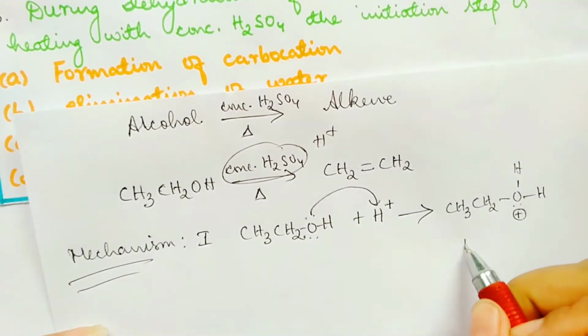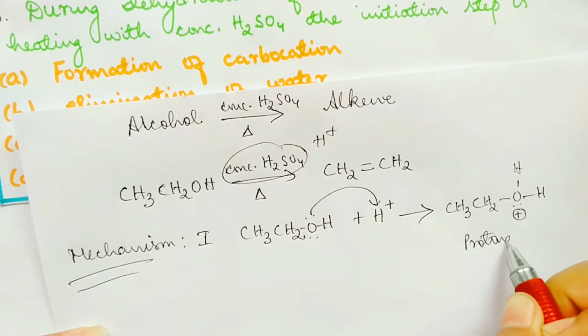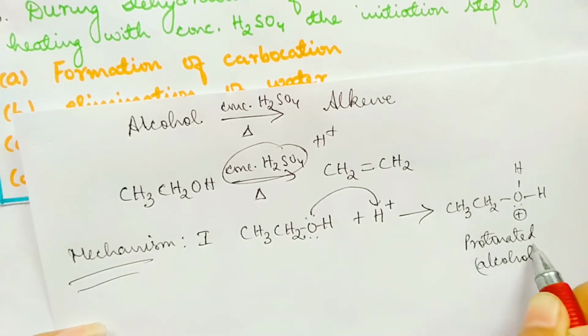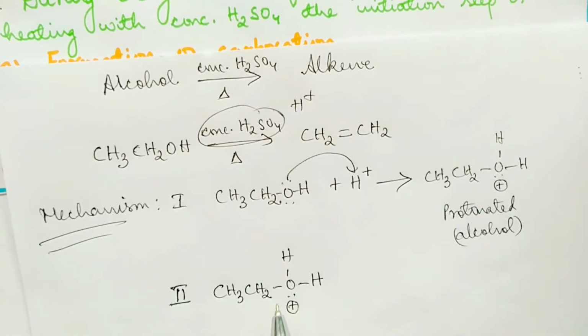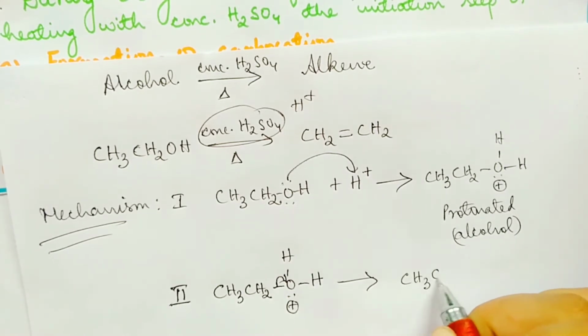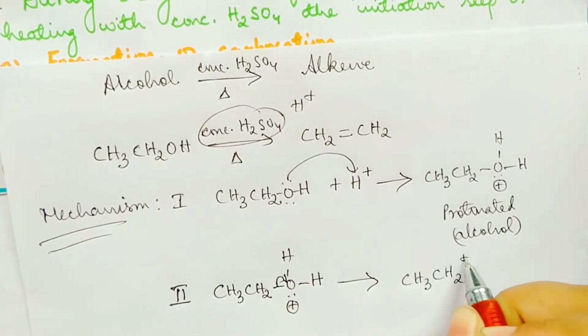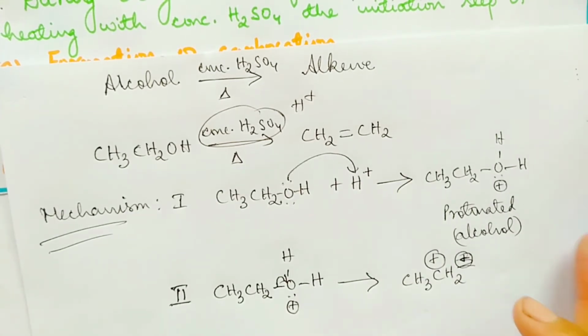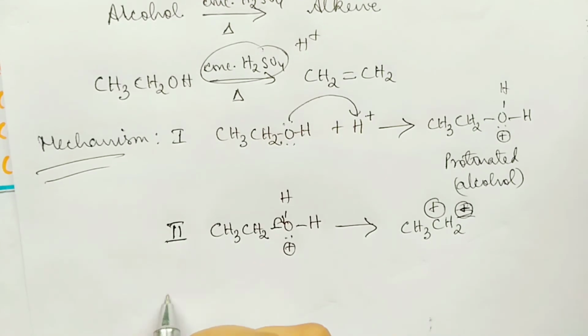This is your protonated alcohol. Now in the second step, to neutralize the positive charge, these electrons go to oxygen. And so what do we have? We have a stable carbocation, CH3CH2 plus. This is your carbocation.